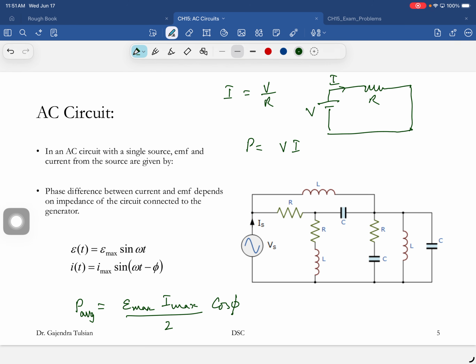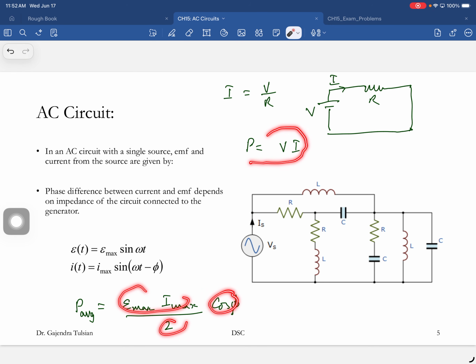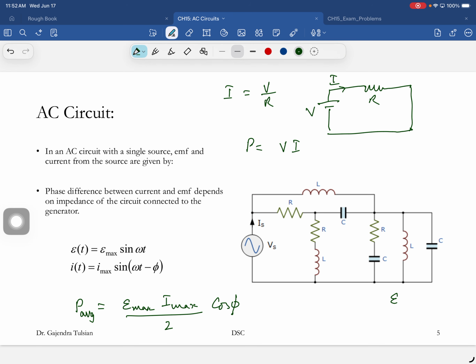Okay, let's make sure we understand this. So this expression looks exactly like this, E max, V max, except that they have these factors. Okay. So we want to make this look more like that. So what we'll define is E RMS, RMS being root mean square, E max over root 2, and I RMS equal to I max over root 2.